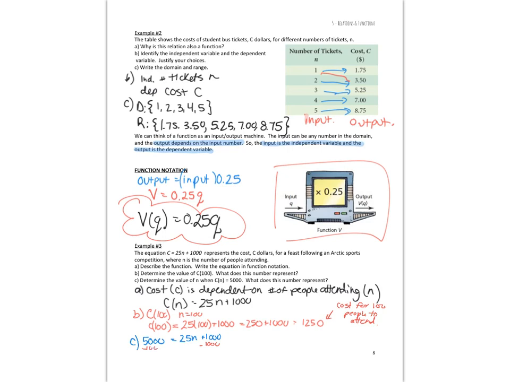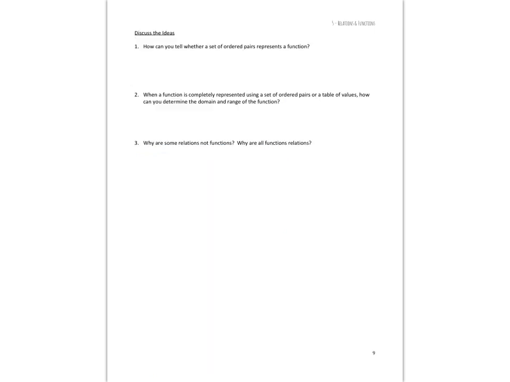So we're going to subtract 1,000 from each side, and we're going to be left with 4,000 is equal to 25N. To get N by itself, we now need to divide both sides by 25. And we get that N is equal to 160. So what does this number represent? This number represents the number of people that could attend for the cost to be $5,000.